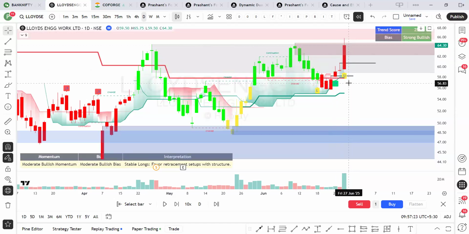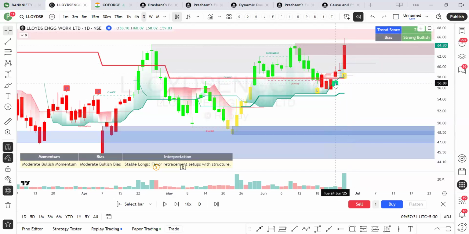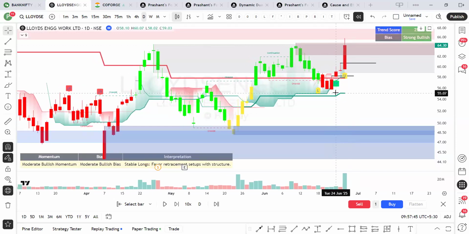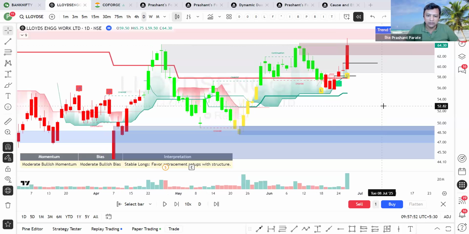But it will start showing when price crosses above this high. So when it crosses the previous candle's high, that is the time to buy. But for that, you have to be on the chart all the time. So we can check the charts at around 3:20, and after that, we can decide whether we want to buy or not.